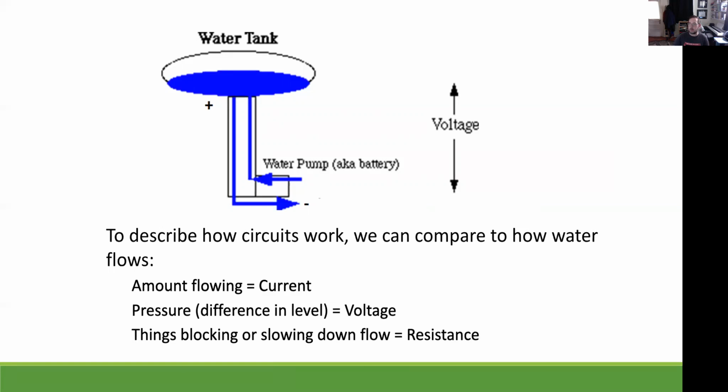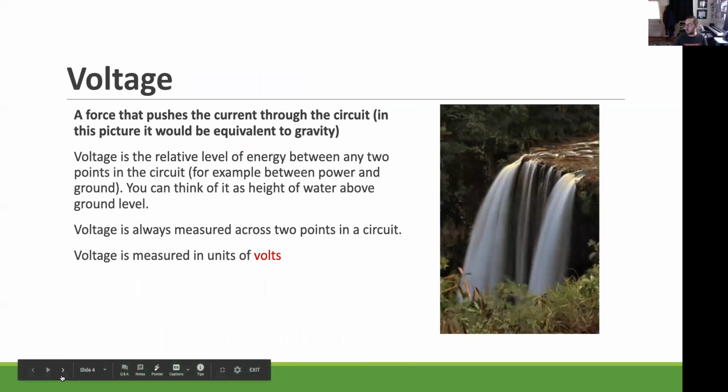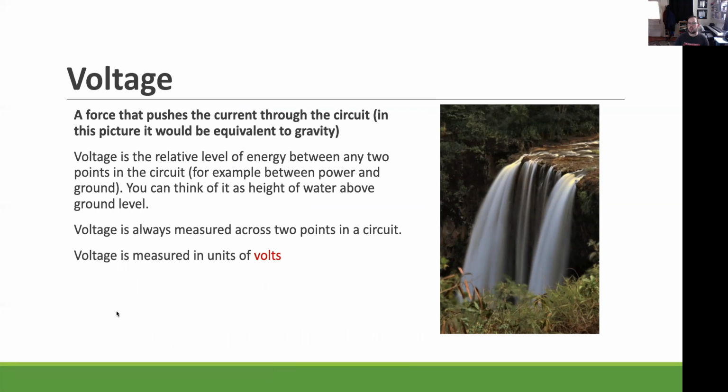So by increasing the resistance, you decrease the amount flowing, or you would increase the voltage. We'll talk a little bit about that in a second. There's an equation that's good for learning, but we'll talk about each of these in a bit more detail before we get into Ohm's law.